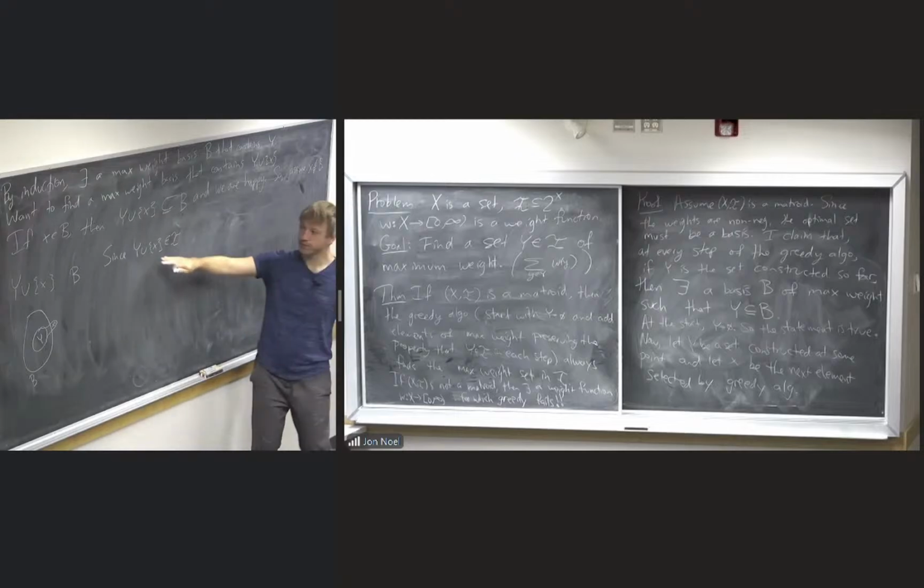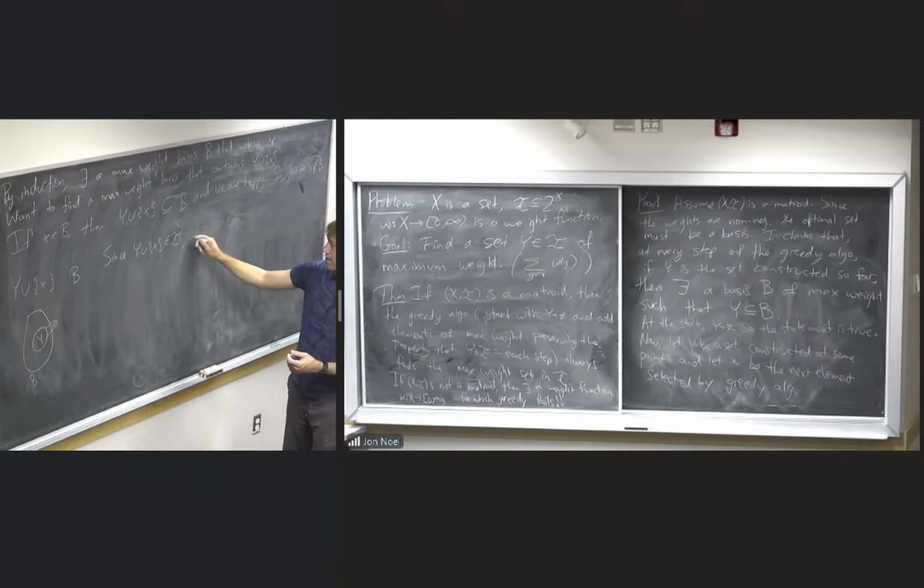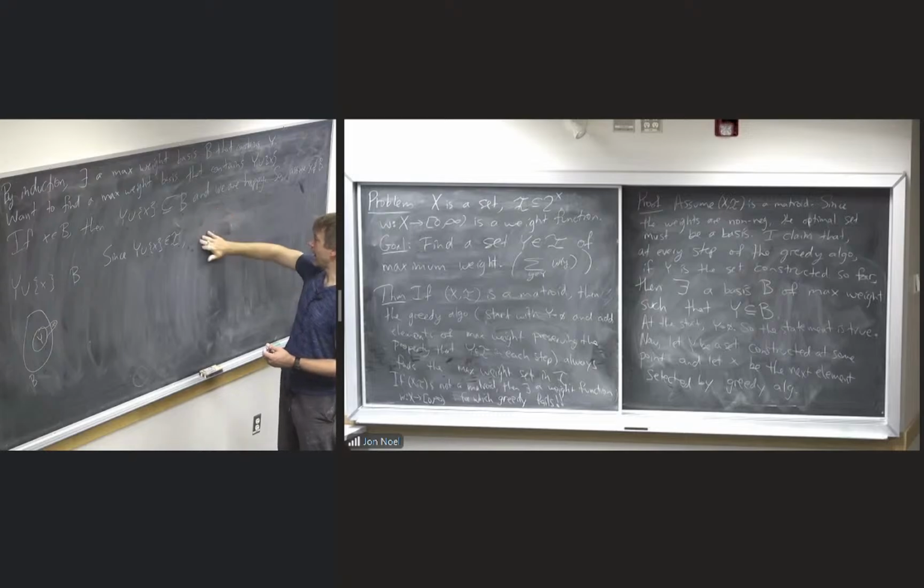So at every stage of the greedy algorithm, we have an independent set. So just do sort of a loop, right?